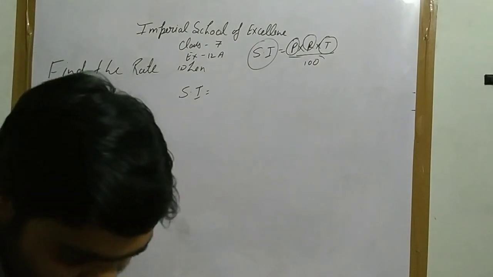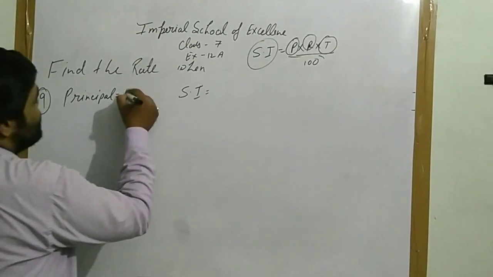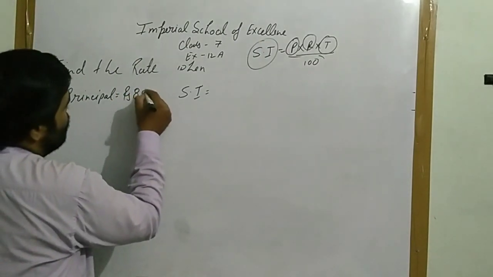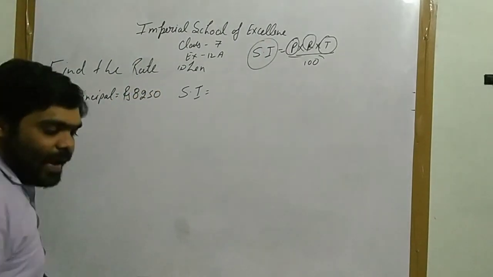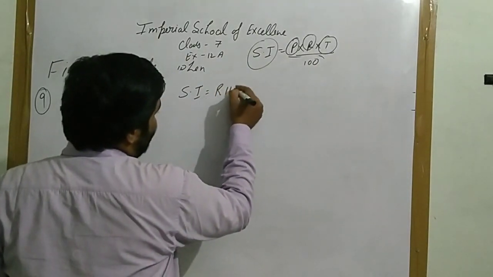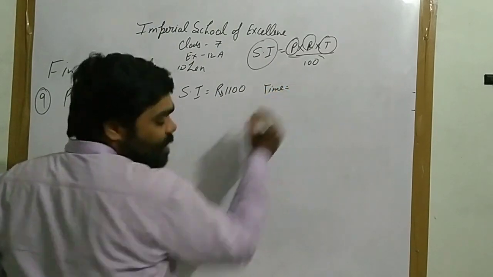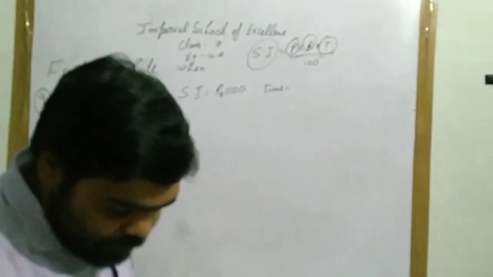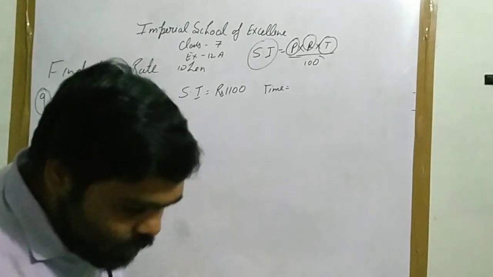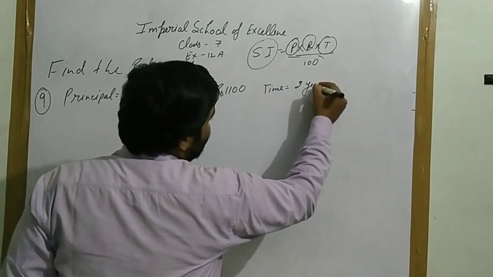When principal is rupees 8250, simple interest is rupees 1100, and time is 2 years.